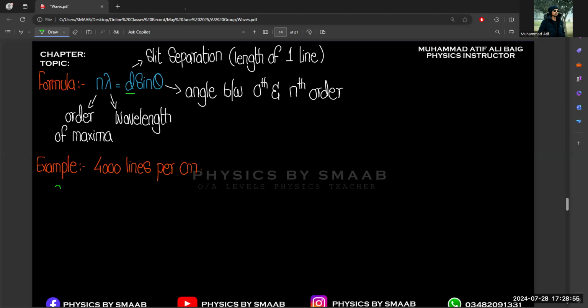So basically, if you want to find the actual value of d, the calculation for finding d: we have 4,000 lines in 1 centimeter.